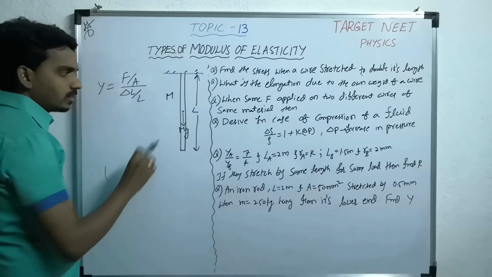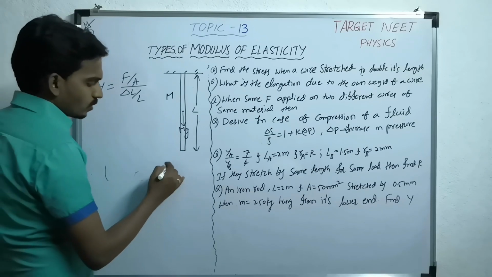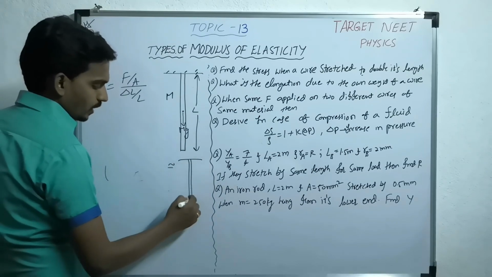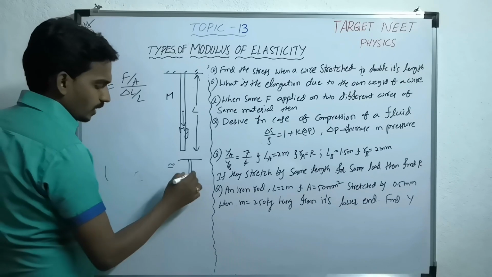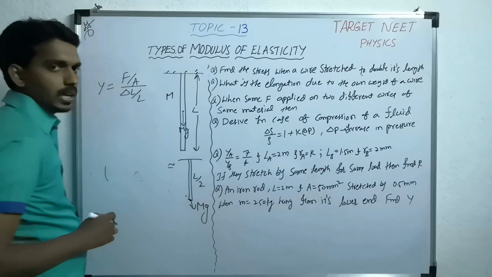That means the weight will act on effective length of how much? L by 2. So the situation you can replace like a wire of length L by 2, acted by an external force how much? Mg.